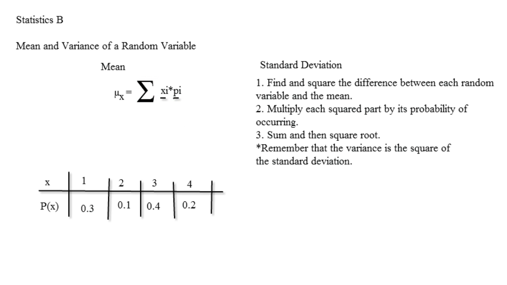So for example, the mean of this will actually be 1 times 0.3 plus 2 times 0.1, plus 3 times 0.4 plus 4 times 0.2.